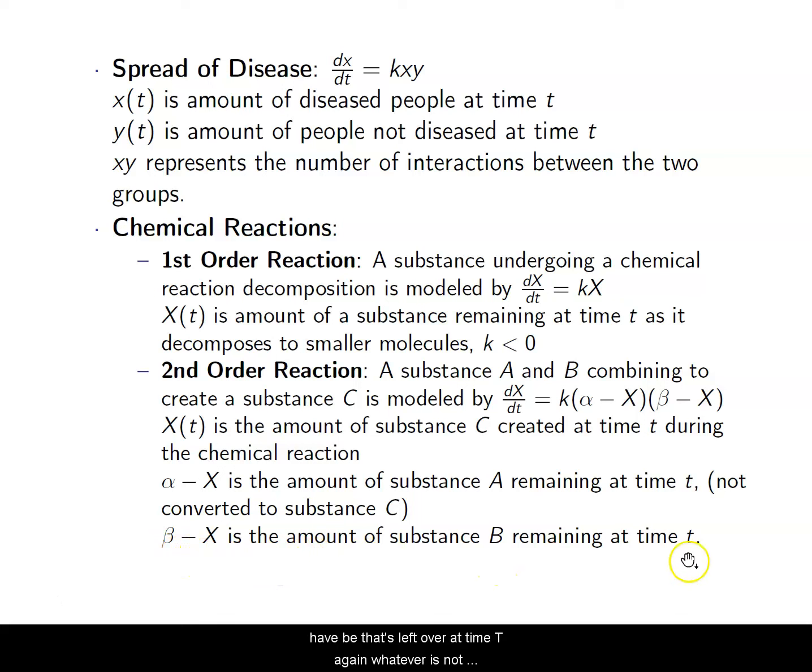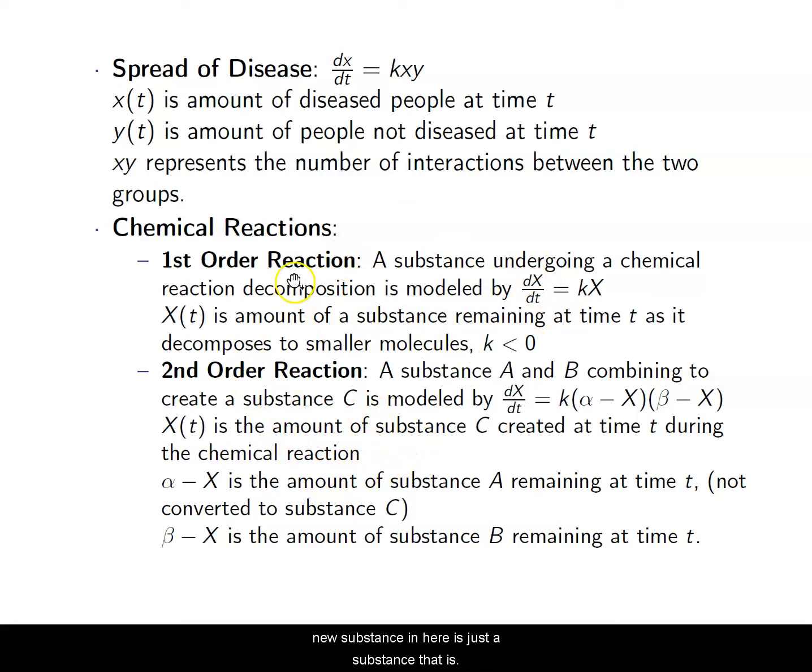It's the amount of B that's left over at time t, again, whatever is not converted into C yet, right? So here, a first order reaction is a decay. It's a decomposition, some complex molecule that's breaking down over time. And then here is probably what you're more familiar with when you think about chemical reactions, which is the mad scientist in the lab mixing this with that to create something new, right? So here, you are mixing two substances to create a new substance.